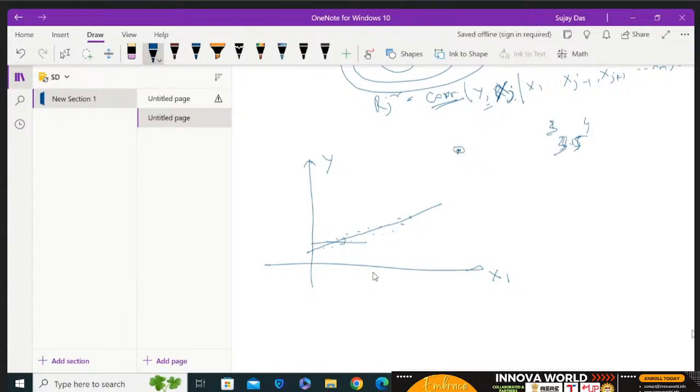So though your ideal line would have been this, because of this point your model will be like this. This is the drawback of an outlier point. An outlier lies very far from the rest of the data cloud, and it affects your model very poorly.